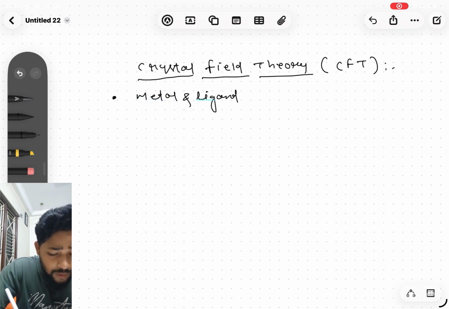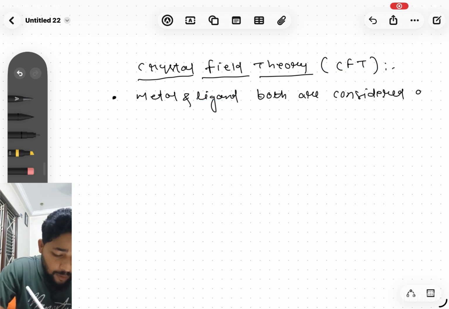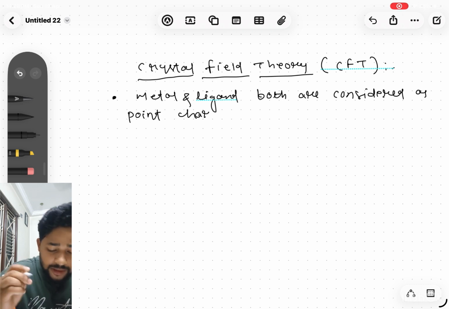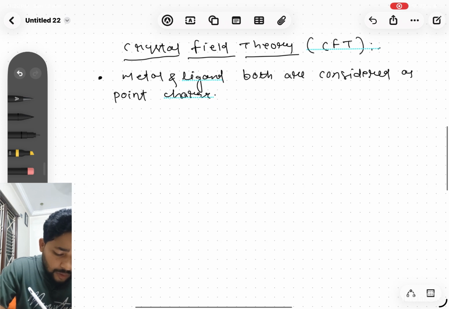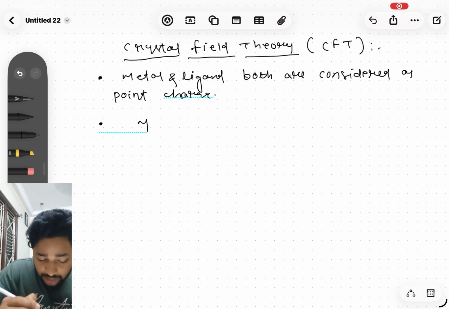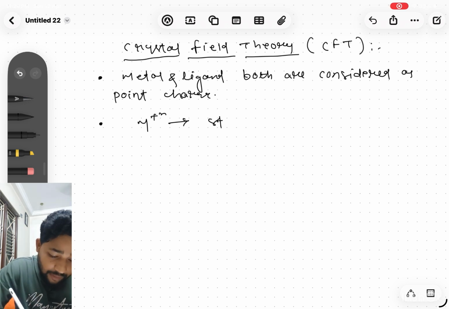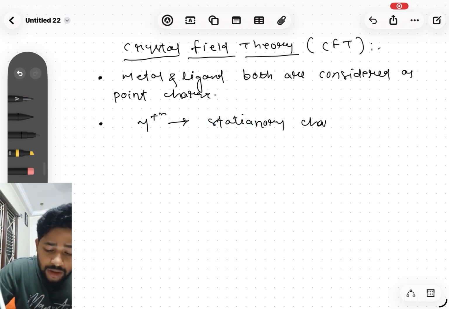Metal and ligand, both are considered as point charge. Okay. So here this metal charge, that is plus, this metal charge is considered as stationary charge, that is not a moving charge.